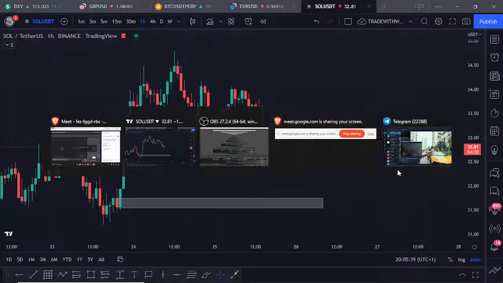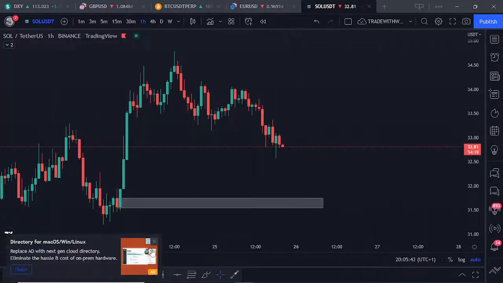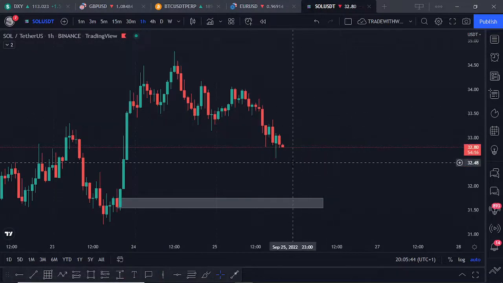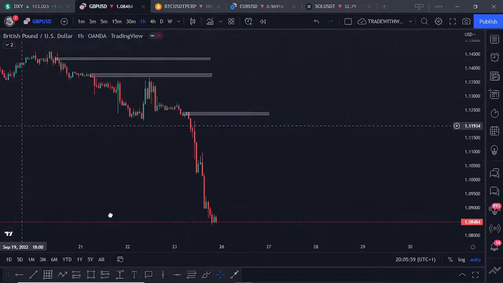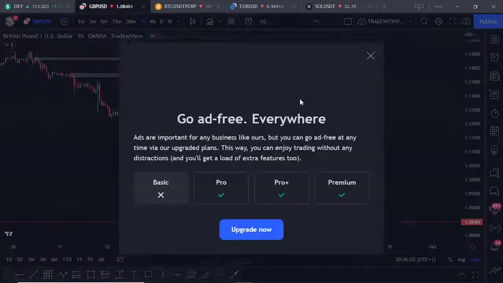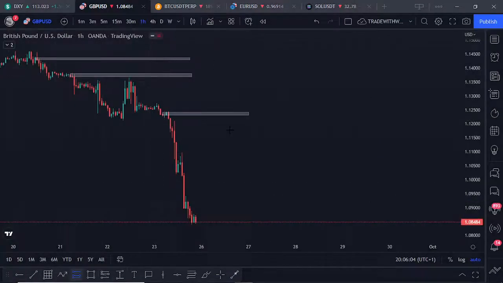Another way of risk management is using your stop loss and pips. Let's go to GBP/USD to get a cleaner view. Let's assume I use just 5 pips SL, though I don't use more than 5 pips SL.